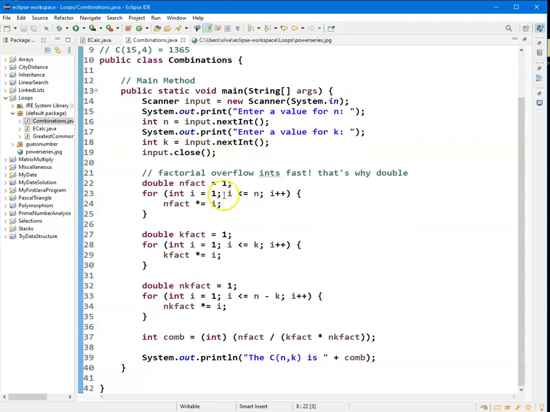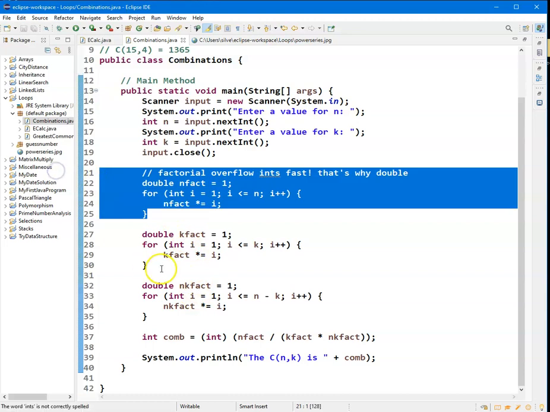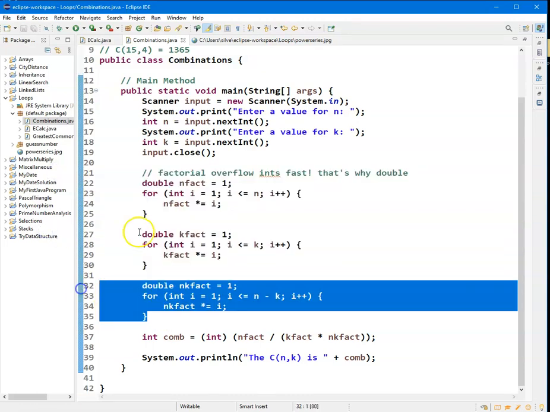How do you do it? Well, look at this. n factorial, k factorial, n minus k factorial. You can see that we're doing the same thing over and over again. The same basic logic is being applied to calculate that. It'd be nice to bundle that logic in its own little sub-program. And in the next chapter, chapter 6, I'm going to show you how to do that.